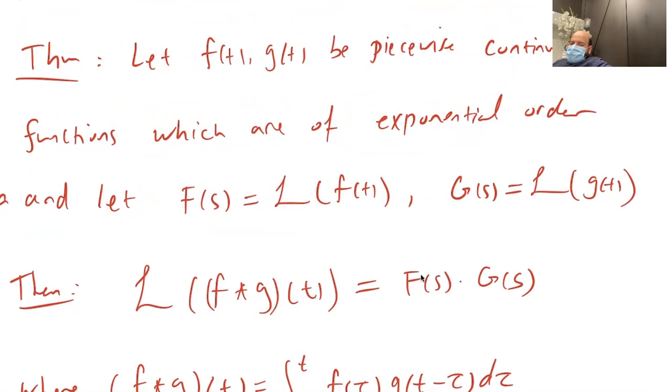So if you want to find the inverse Laplace transform of the function on the right-hand side, it will be simply f star g of t. The Laplace transform of f star g of t is capital F of s times capital G of s, so the inverse Laplace transform of capital F of s times capital G of s will be f star g of t.